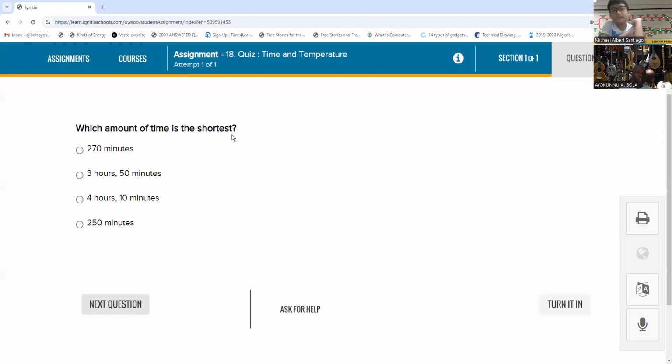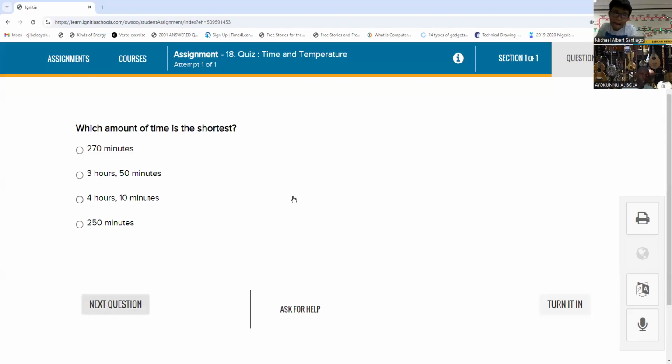Which amount is the shortest time? Okay, let's see. 270 minutes. How many hours are in it? Just say 270 divided by 60. 270 divided by 60, we can see 4 hours. And there is a 4-hour, 10-minute there already.